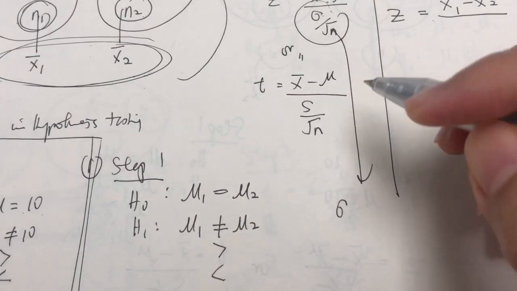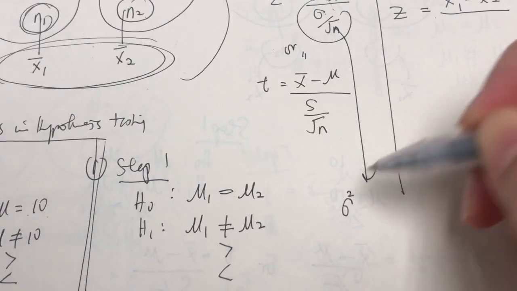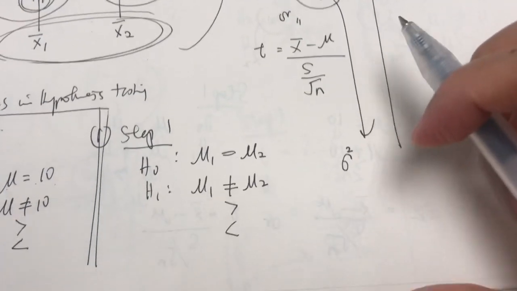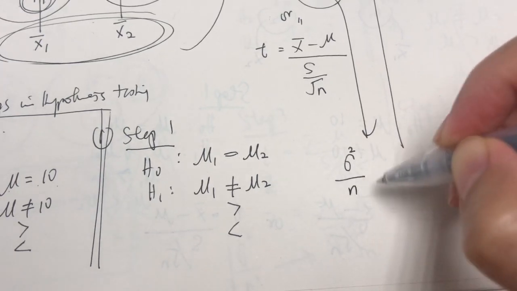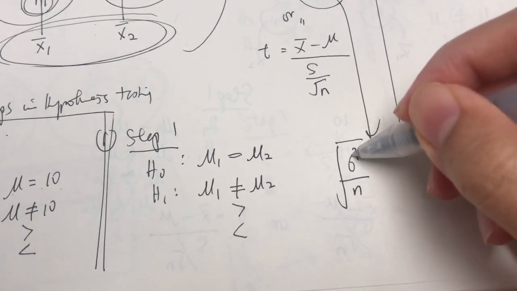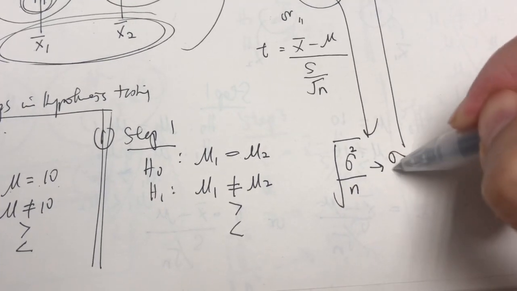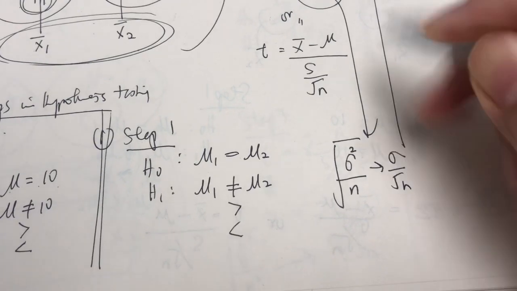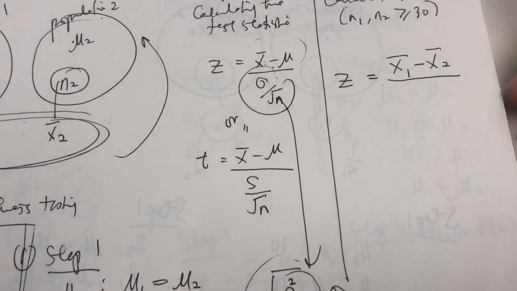Now down here, let's take this part and put it separately. Another way to write sigma is that sigma is the square root of variance. So here it's variance over sample size. Now, if we square root both the numerator and the denominator, what we get is sigma over square root of n. Correct? Now take this and put it here, because now we've got 2 samples, so we've got 2 of everything.